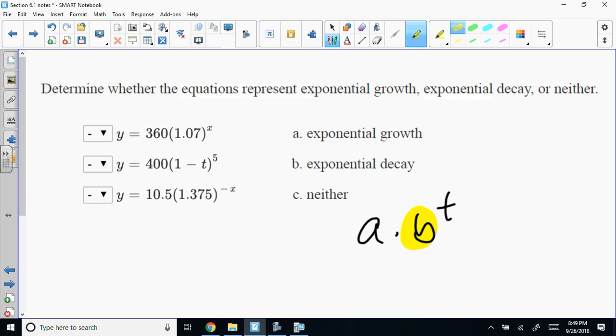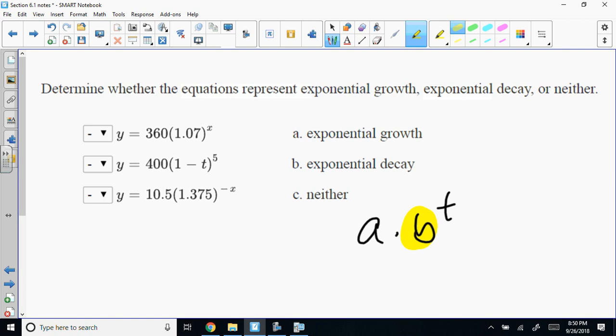So which one of these bases is greater than 1? There's 2 of them, the top one and the what? Okay, good. But let's look at the exponent. The top one has a positive x, and the bottom one has a negative x, right?